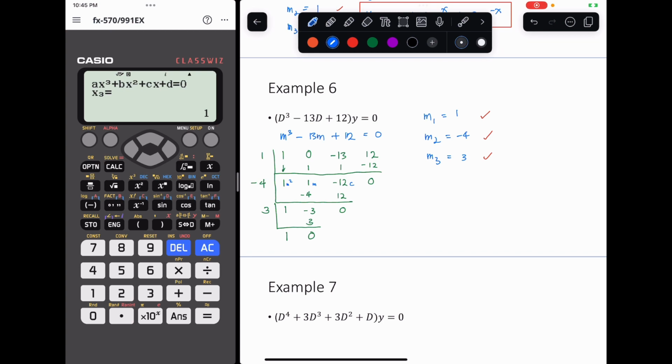Therefore, y will be equal to c1 e raised to x for the second root, c2 e raised to negative 4x, plus c3 e raised to 3x.